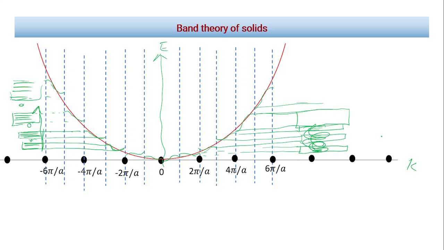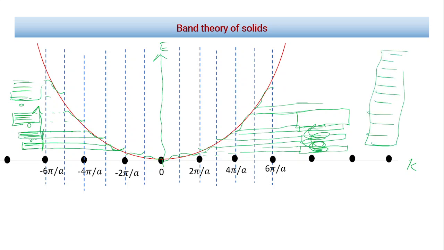Otherwise, this red curve, which represents the energy versus K relationship for a free electron, shows that all values of energy are possible.